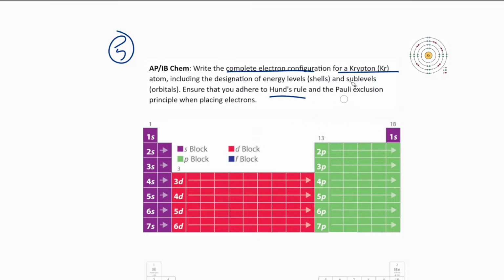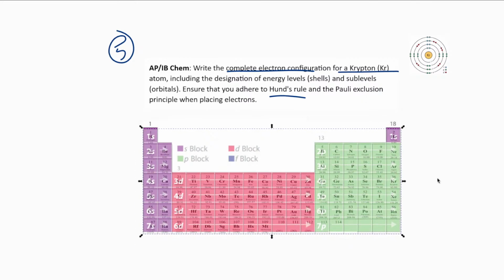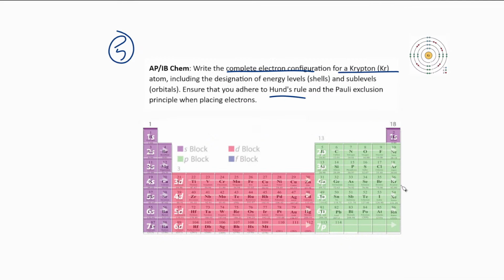So give it a try. Krypton. Take about a minute. It's a little bit further. And you need to know how many. Krypton's right here. Atomic number 36. Follow the numbers across until you get to 36, and you get to krypton right there.